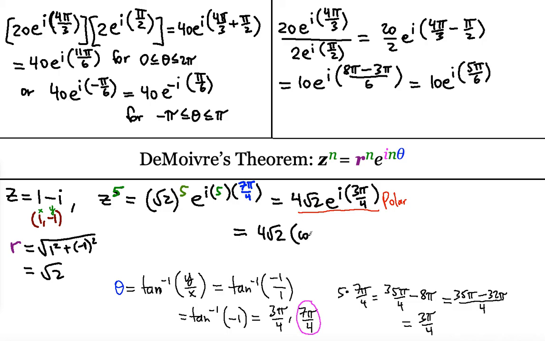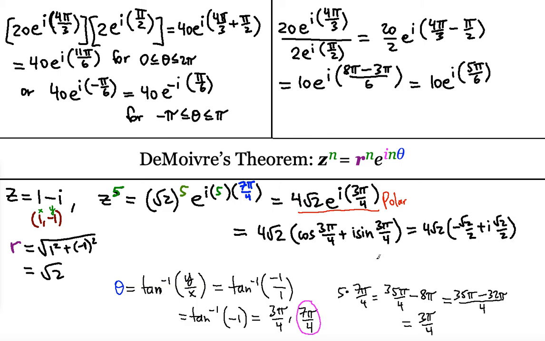And then it's simply cosine of the final angle, which is 3 pi over 4, plus I sine of 3 pi over 4. So what that should give us is 4 radical 2 times cosine of 3 pi over 4, which is negative, so minus radical 2 over 2, plus I sine, well, I'm going to find the sine, which is sine of 3 pi over 4, is positive radical 2 over 2.